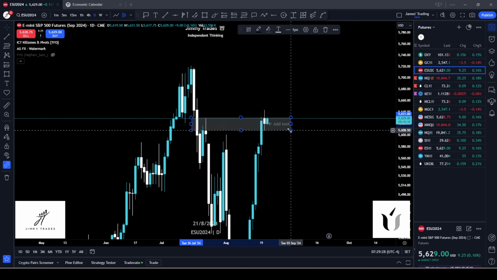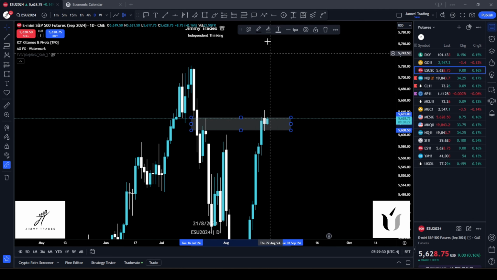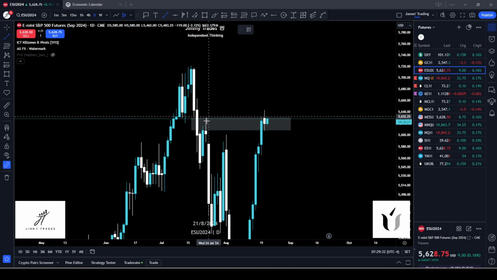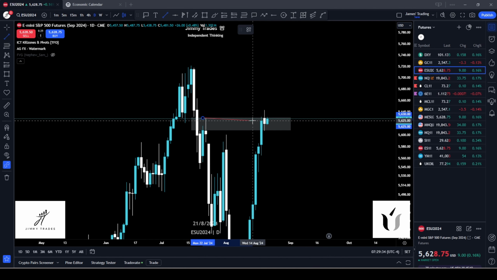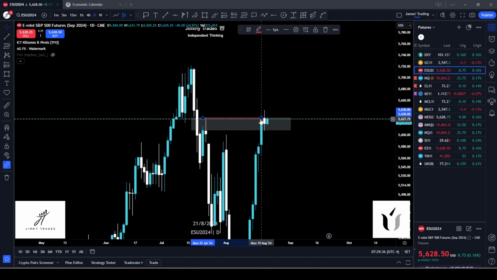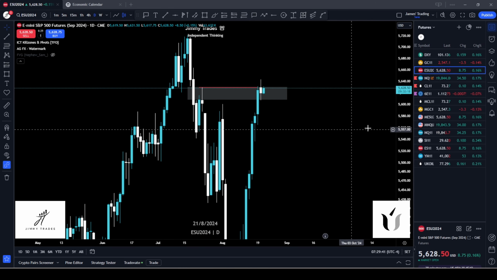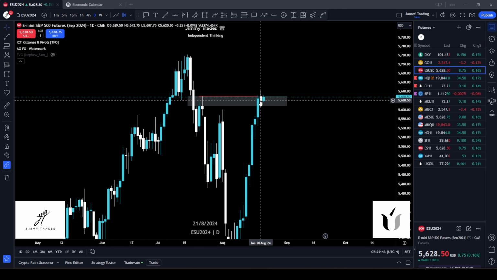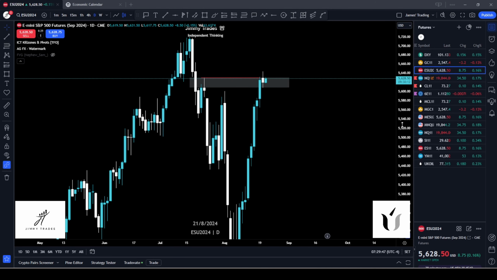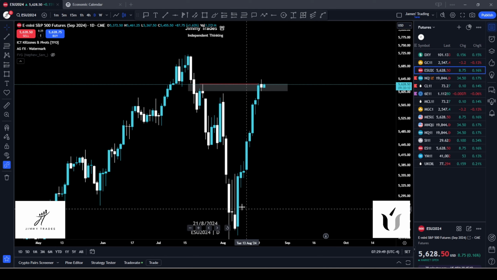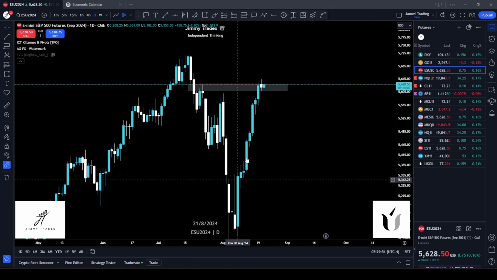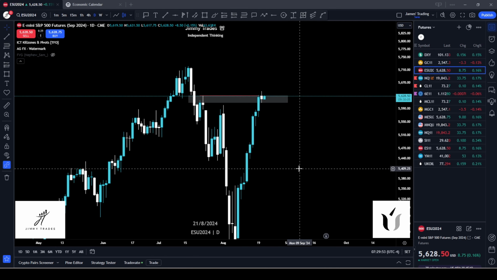So ES managed to completely fill this gap and obviously swept this high as well. Just a bit of trivia, if we had a bullish close yesterday, that would have been the longest bullish streak on ES since 2004.